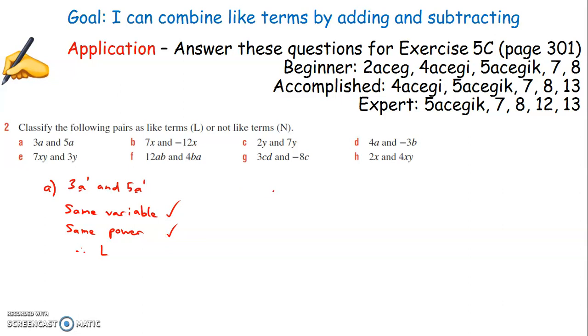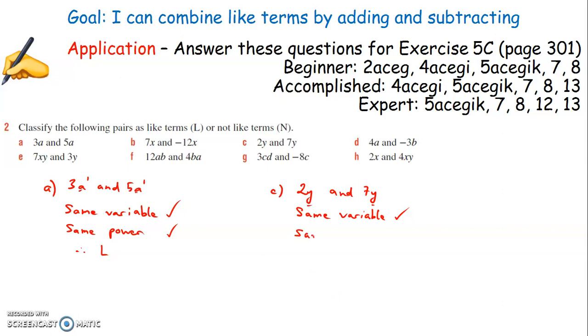Okay, so what about C? So 2y and 7y. Same thing. We're going to check, do they have the same variable? They both have the letter y, so yes, they both have the same variable.